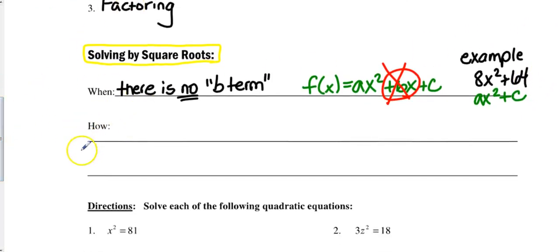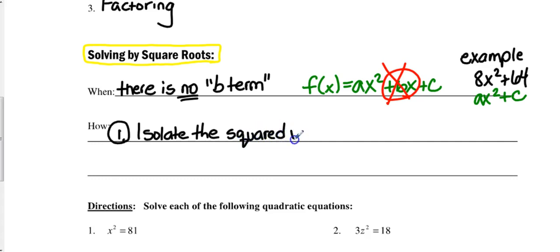For the how, we have 2 steps. Step 1 will be to isolate the squared variable term, or we could just say, make this simpler, isolate the variable, which is going to be x squared.